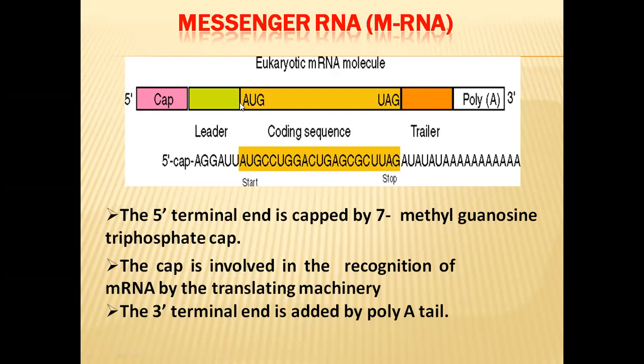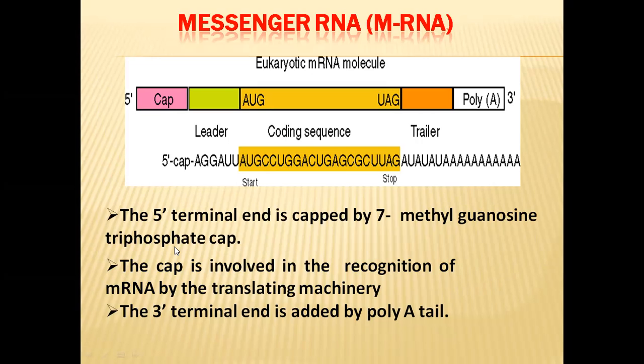This final mRNA again undergoes some changes. In these changes, at the 5' end, one cap will be added. This cap usually will be the same in all types of mRNA, that is methyl guanosine triphosphate.